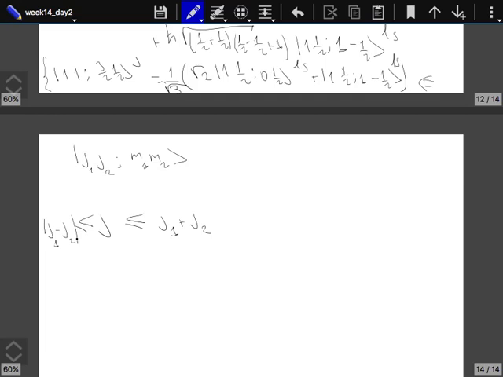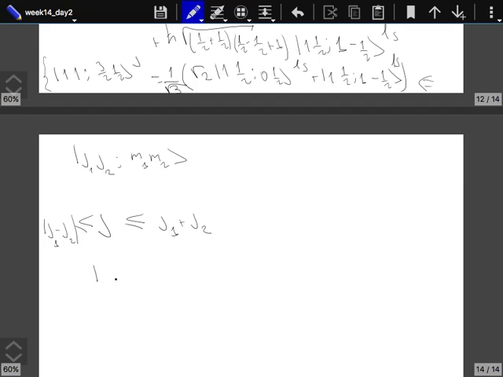You can consider angular momentum as a vector, and this j quantum number is just like a vector. If you sum two vectors, the total vector has a magnitude that is less than the sum of the magnitudes of the two vectors, and larger than the difference in the magnitudes of those two vectors. So this is just the analog in quantum mechanics.